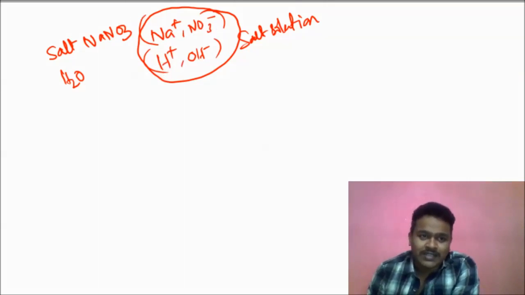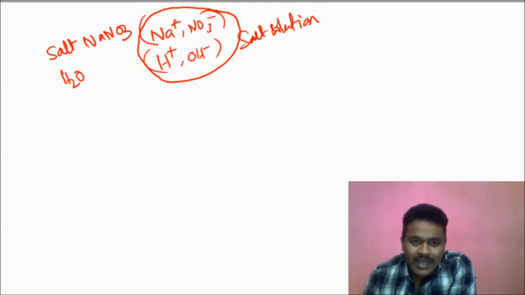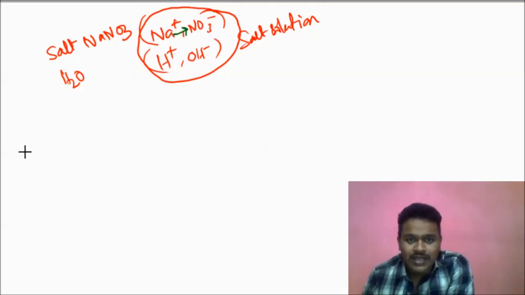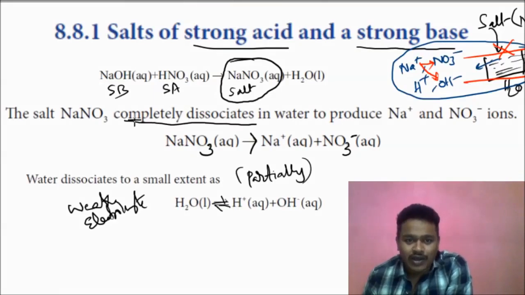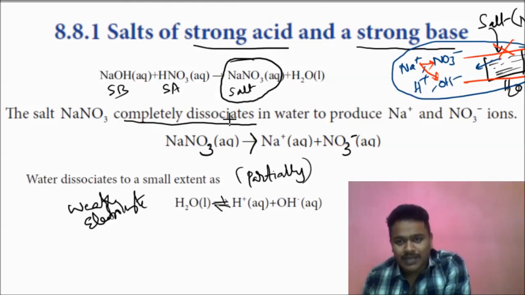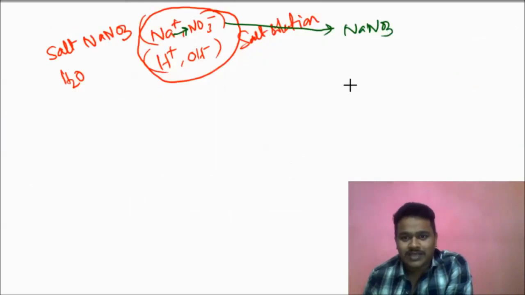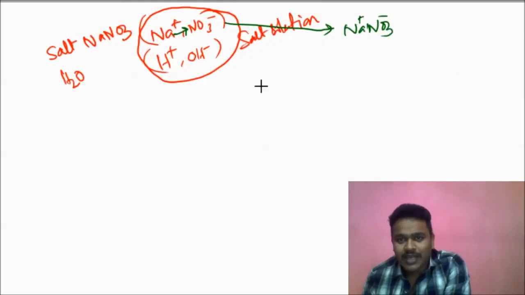Now there is a tendency. What is the tendency? Na plus has a tendency towards NO3 minus, so you are expecting NaNO3. That is nothing but the salt you are taking. This NaNO3 is completely dissociated, so again it is giving Na plus and NO3 minus.